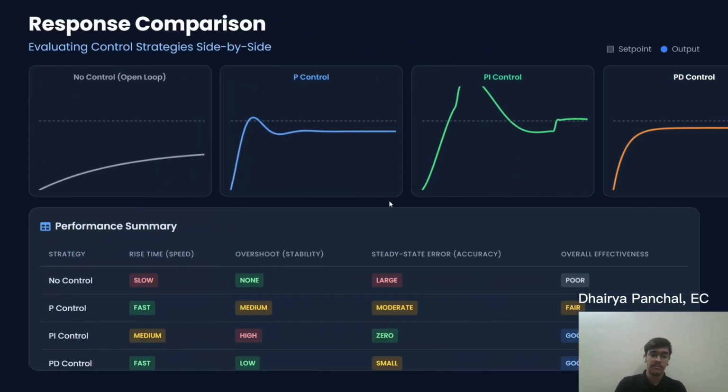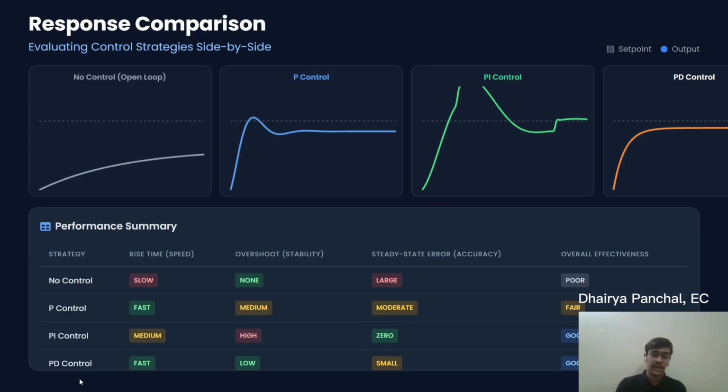So this is a real-time response comparison side by side. So no control, your rise time is slow, overshoot is none, your steady state error is large, and effectiveness is poor. Then you use just a proportional controller. તો ખાલી પ્રપોર્શનલ કંટ્રોલરમાં તમારું સિસ્ટમ ફાસ્ટ છે, your overshoot is medium moderate, and effectiveness is fair.